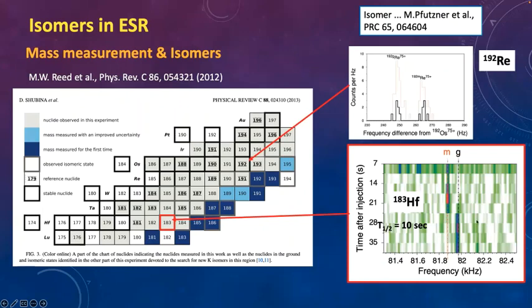So what they do is inject the produced isotope in the ring, and they can see the isomer decaying to the ground state as a function of time. This is 7 to 35 seconds. This is the case for GSI.